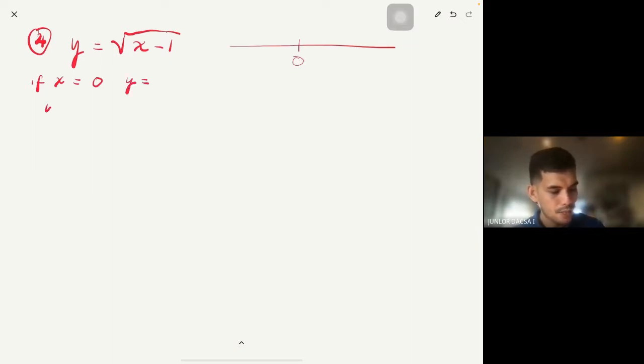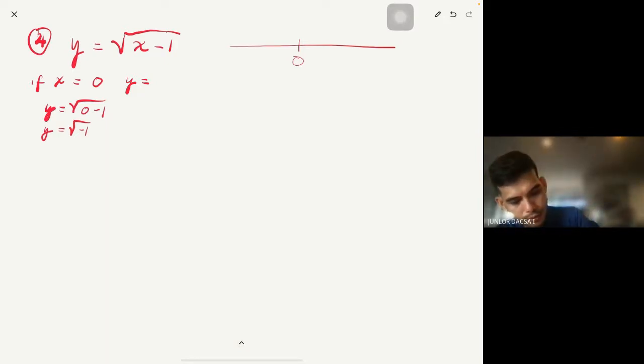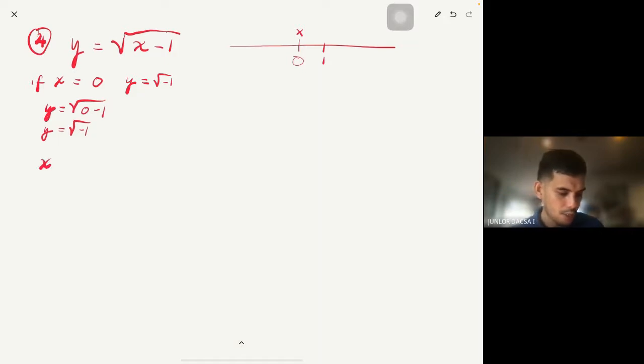So, y is equal to square root of 0 minus 1. So, y is equal to square root of negative 1. So, our answer is imaginary number. So, ibig sabihin, hindi pwede yung 0. Okay? So, let us test 1. So, if x is 1, then y is, solve natin, y is equal to square root of 1 minus 1, which is 0.